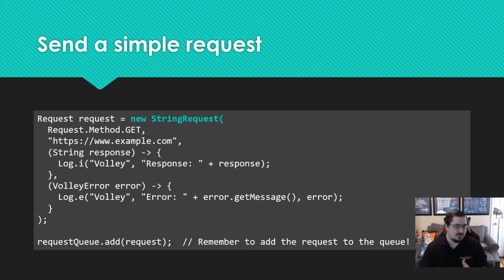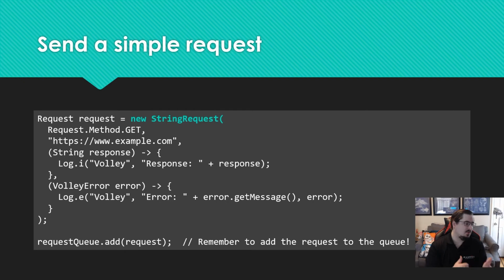There are a lot of reasons you can get an error, but usually it's because of their internet connection. But it can also be because the page doesn't exist. So for instance, if I get a 404 error, it automatically goes down here. Or if I need to be logged in and I get a 401, again, it will go directly to VolleyError.